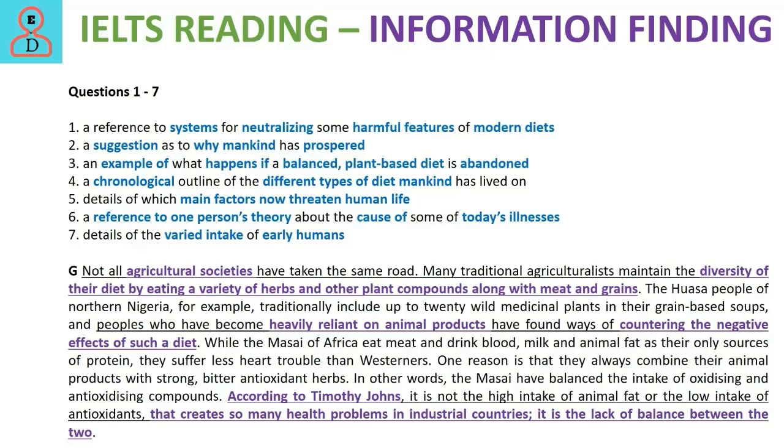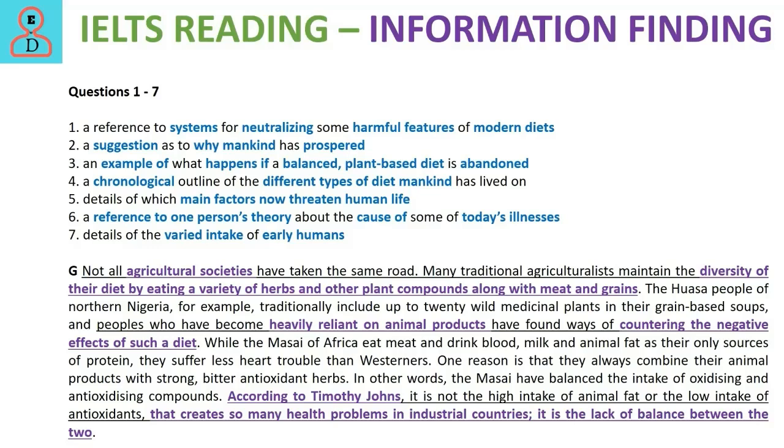Paragraph G is again a long paragraph, hence we have highlighted 2 lines at the top, 1 in the middle and 2 at the bottom. Note, the start of the paragraph mentions agricultural societies, and societies can also be referred to as systems.